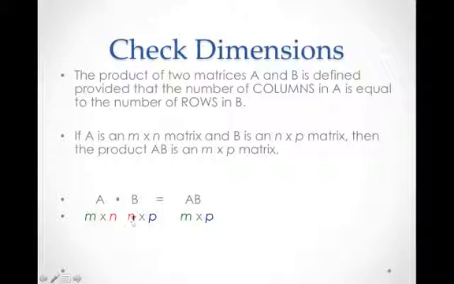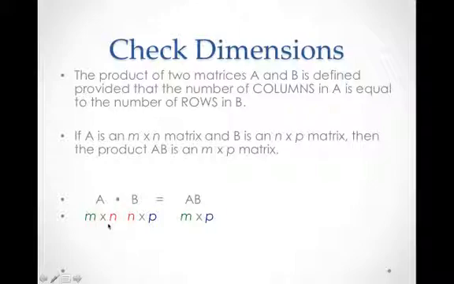So if you write the dimensions right next to each other in the order of multiplication, A times B, A has dimensions M by N, B has dimensions N by P. It's really important that you write the dimensions of A first and then the dimensions of B. You can see that those middle numbers N match up.